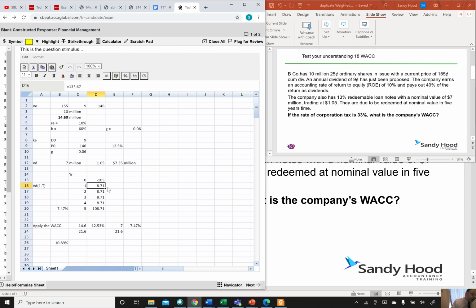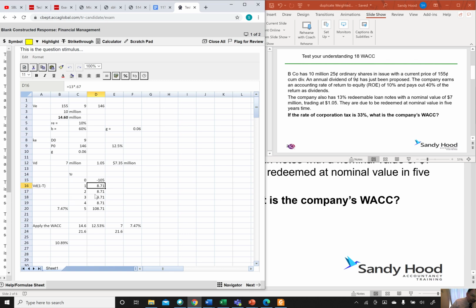I have to remember, of course, that although we are paying 13%, because we've got the tax shield, we're able to deduct the 33%, so that it's actually only costing us effectively 67% of $13 per $100 bond, which means that we're paying 8.71.